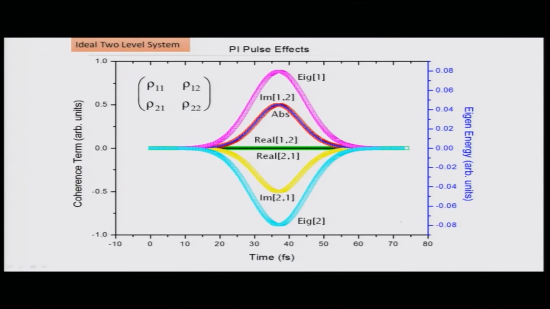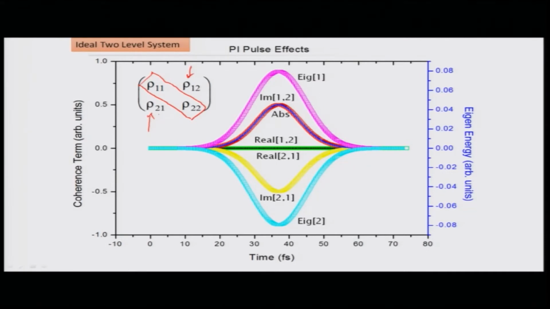Now that we know that in a density matrix the diagonal elements represent the population and the off diagonal elements, rho 1 2 and rho 2 1, essentially represent the coherence of the system. Those are not observables, however, for simulation these are important parameters which can be looked at in order to understand what is going on with the system.